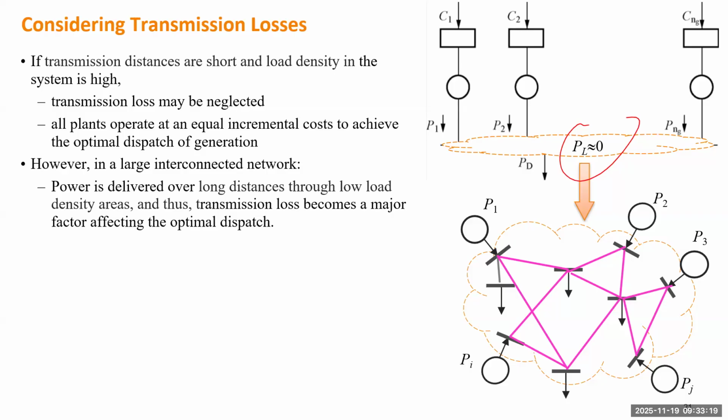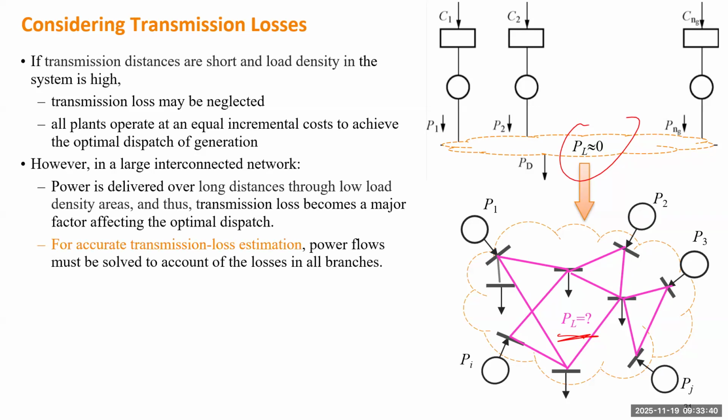So we have to calculate the transmission loss of each branch or at least some of the major branches. Otherwise, the loss will affect the dispatch result. So we need to figure out what the transmission loss is, then add this loss to the formulation and study how to solve that problem.